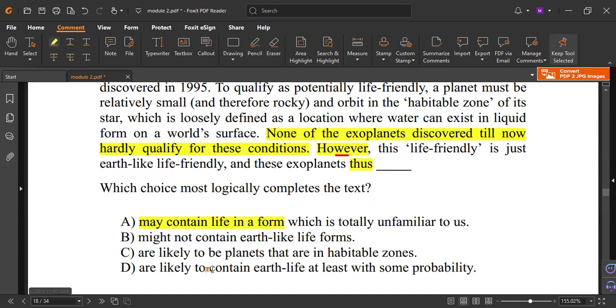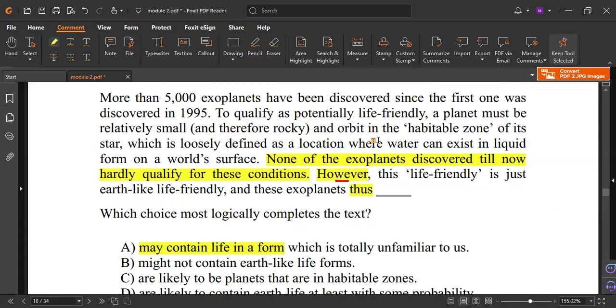That's why. Yes. But we have a problem. Why is C wrong? It says it's likely to be planets in a habitable zone. That's it. He said that. So we need to qualify must be, but he didn't mention whether the exoplanets are in the habitable zone or not.